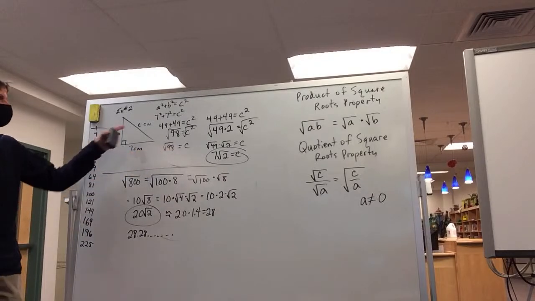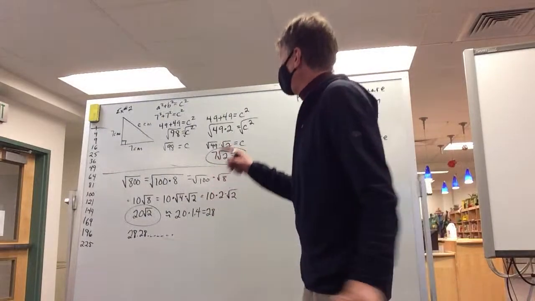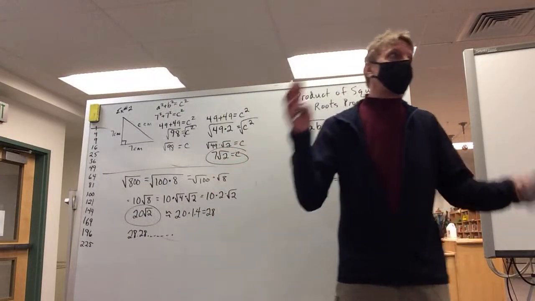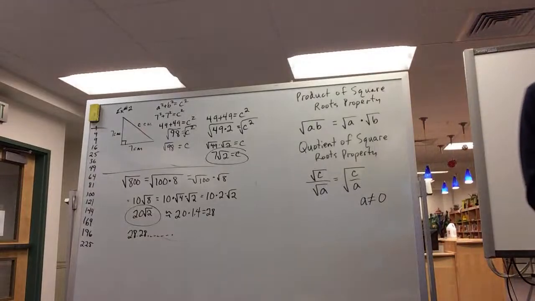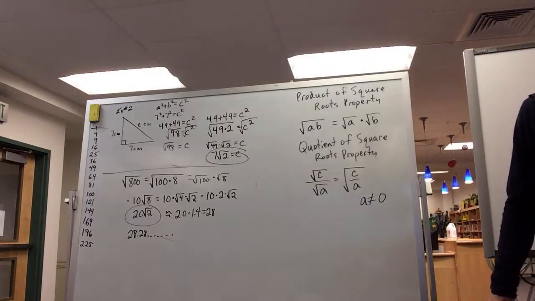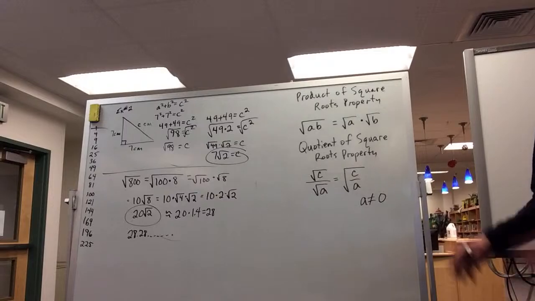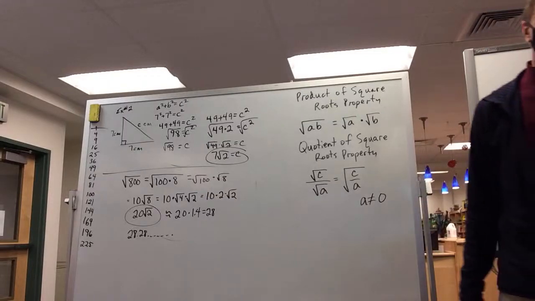But if this was just the beginning of a big, long series of calculations we had to do, we would leave it like this until we got all the way to our final answer, and then we would change it into a decimal. It's a hard paradigm shift to make, because we're so used to using the calculator. But for accurate work, these exact answers get used.